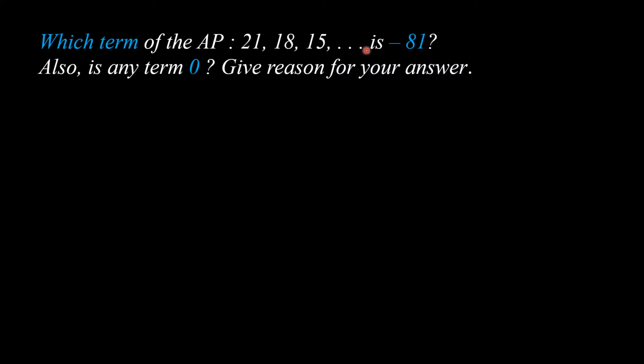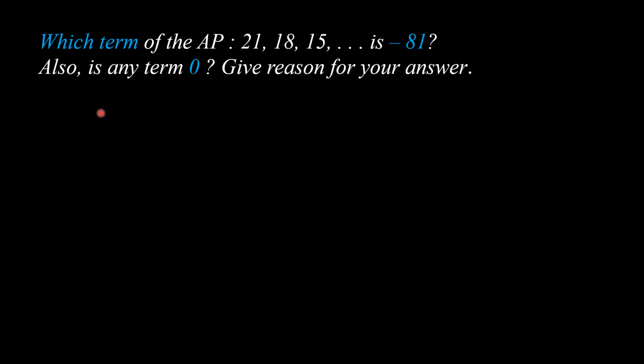That means we have to find the value of n. Also, we have to find if any of the terms of this AP is going to be 0, and if at all there is a term 0 in this AP, then we have to provide a reason for our answer.